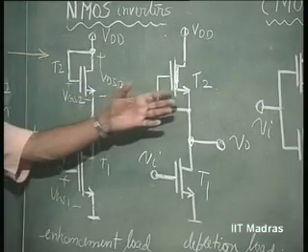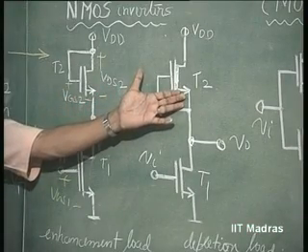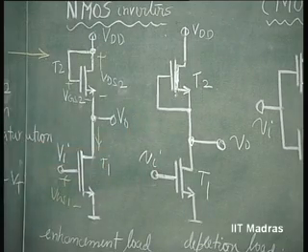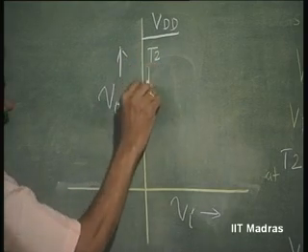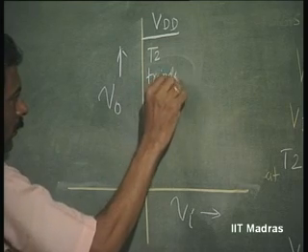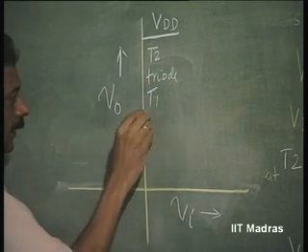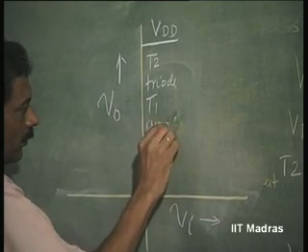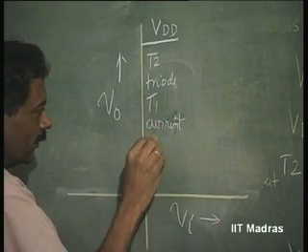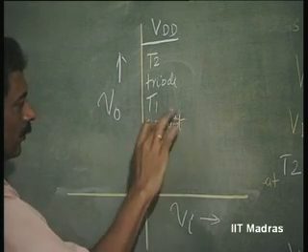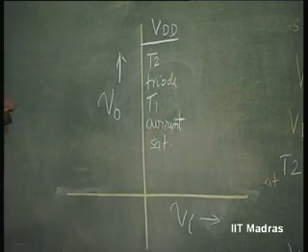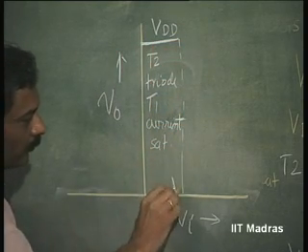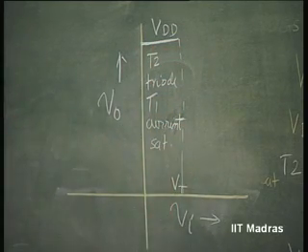T2 is in the triode region for VGS equal to 0. So, T2 is in the triode region, T1 is in the current saturation region. Up to Vt, this will be the case.